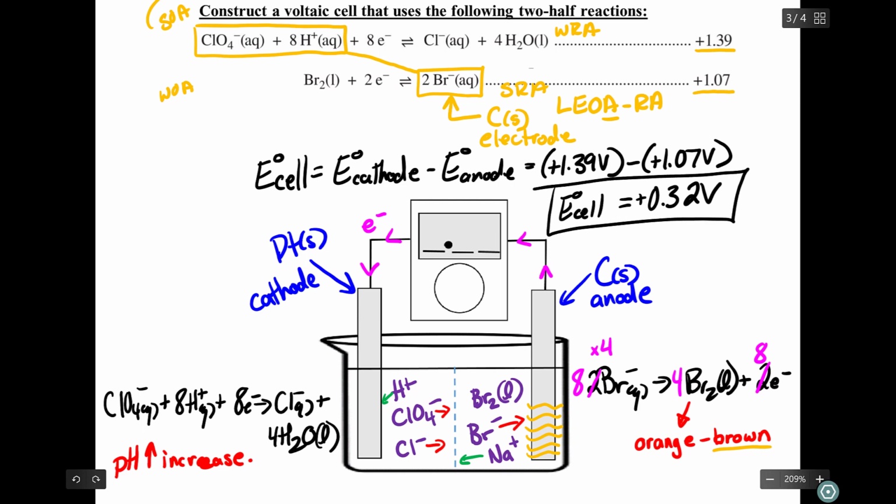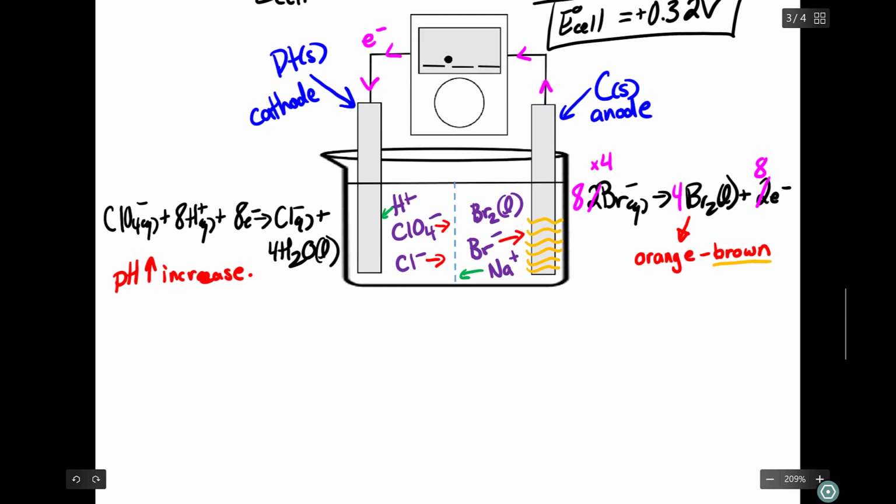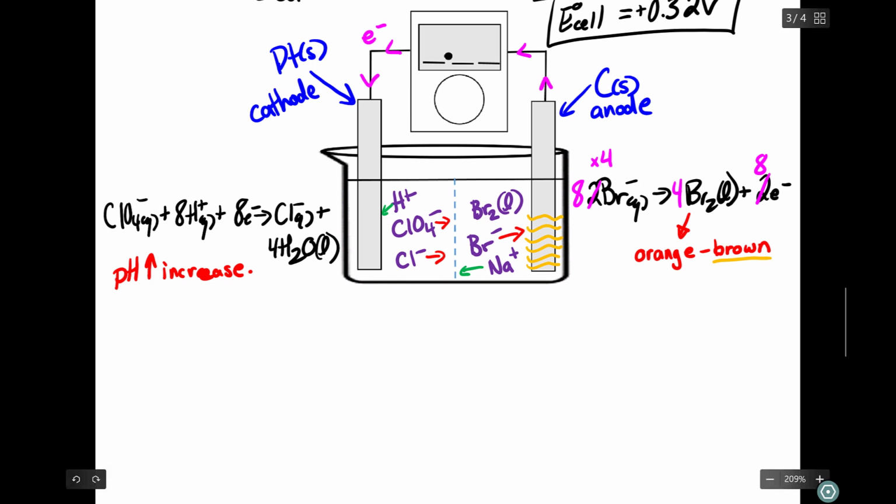The last thing we can do is put the 2 reactions together and come up with a net reaction. So the net reaction for this cell would be ClO4 minus aqueous plus 8 hydrogen ions aqueous.